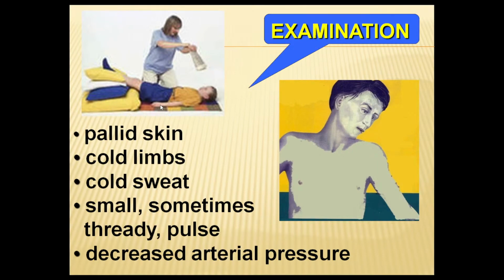And when the consciousness of the patient comes back, we can give him hot, sweet tea or coffee, because carbohydrate is assimilated as glucose, sugar, needed to increase the energy of the patient and stimulate peripheral circulation.